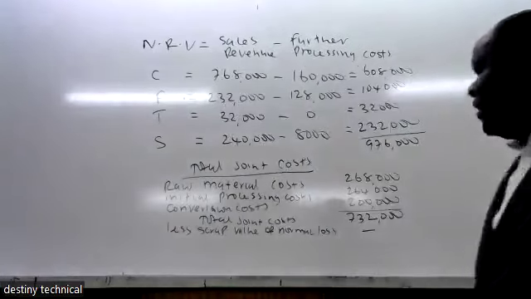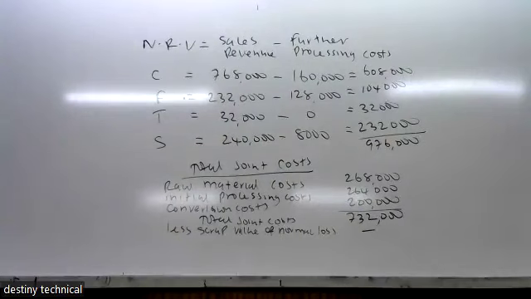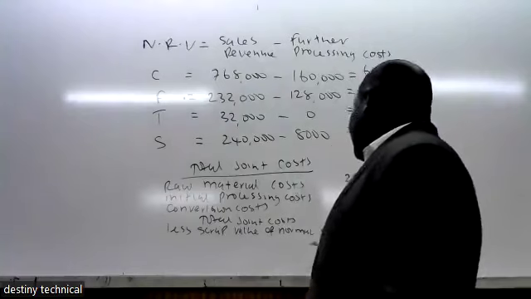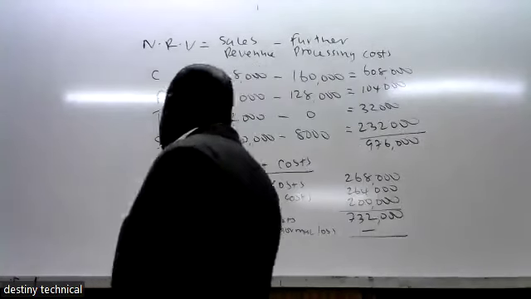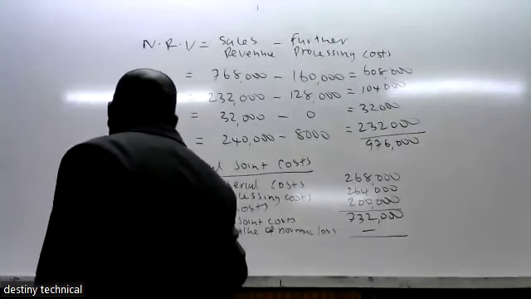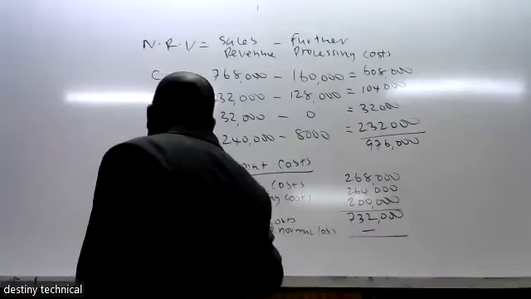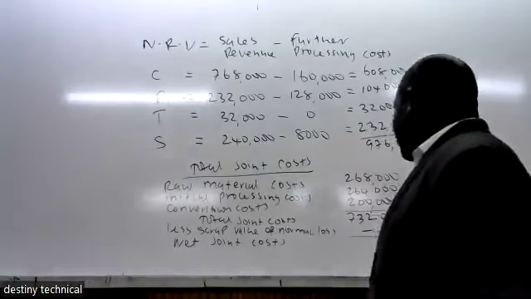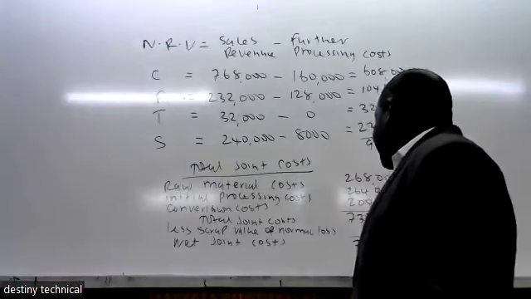But this question had no scrap value for the normal loss. We normally subtract. So if we get now the net joint costs, which is supposed to be 7.